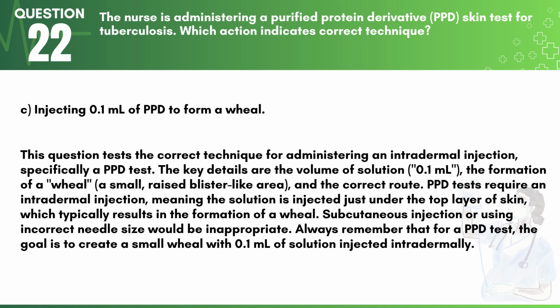Injecting 0.1 milliliters of PPD to form a wheal. This question tests the correct technique for administering an intradermal injection, specifically a PPD test. The key details are the volume of solution, 0.1 milliliters, the formation of a wheal, a small, raised blister-like area, and the correct route.